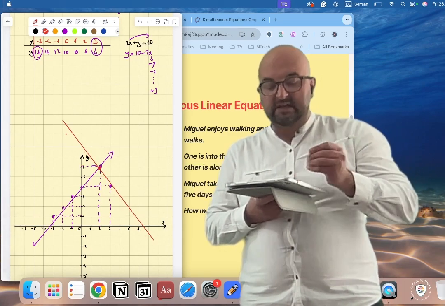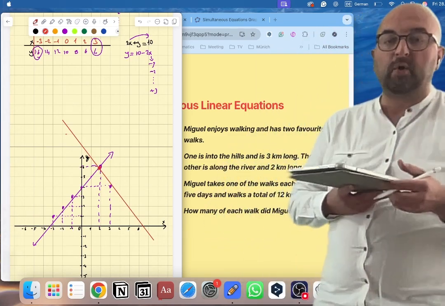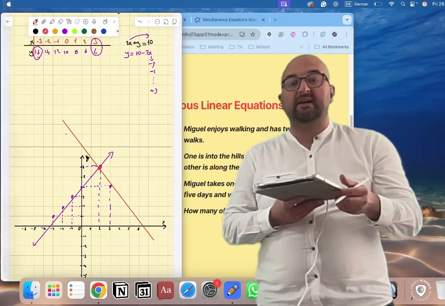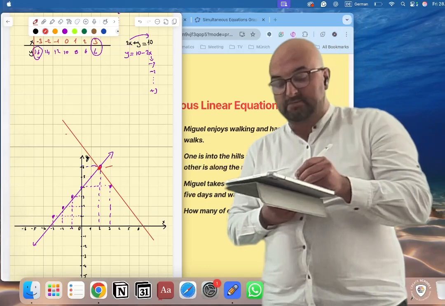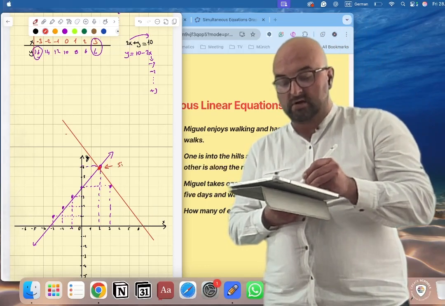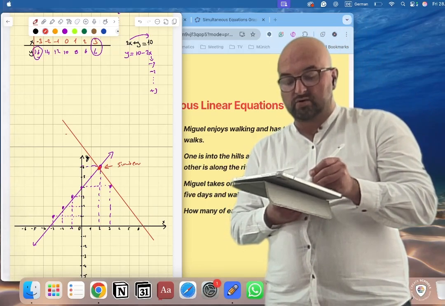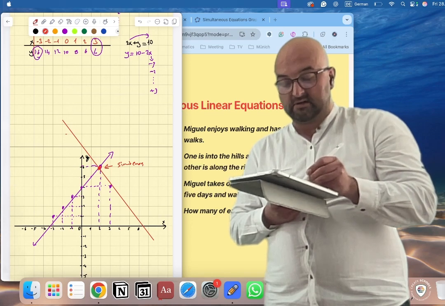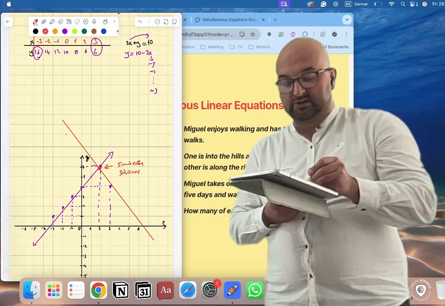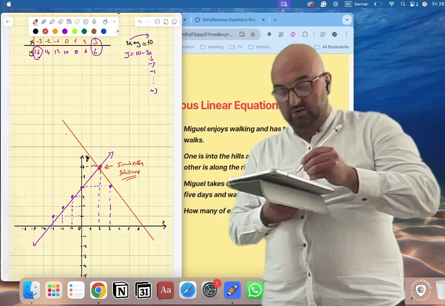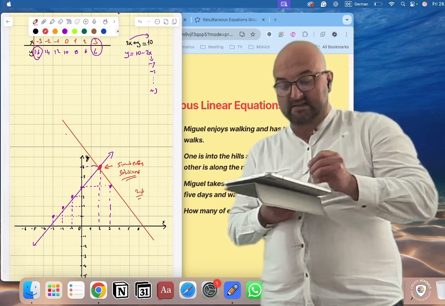Okay, as you see, you have a cross point where the other straight line crosses, and we can say this point is the simultaneous solution. The simultaneous solution is 2 and 6.